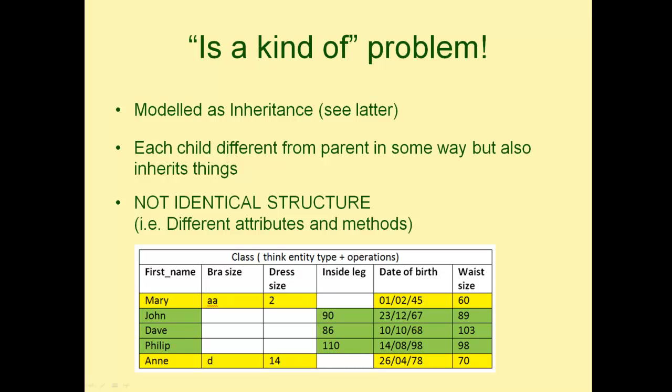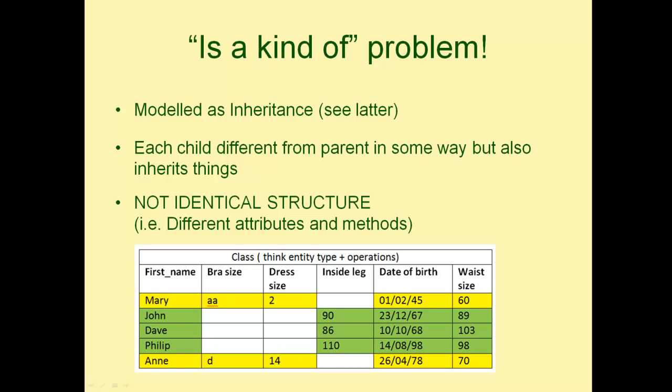So if we actually model a kind of relationship by using a thing called inheritance, which we'll talk about a little later on, the important thing is that each child of the parent is actually different in some way in terms of structure. So if we look down here at the bottom, we've got an example of first names, which are Mary, John, David, Philip and Anne. And we have a set of attributes: bra size, dress size, inside leg, date of birth and waist.